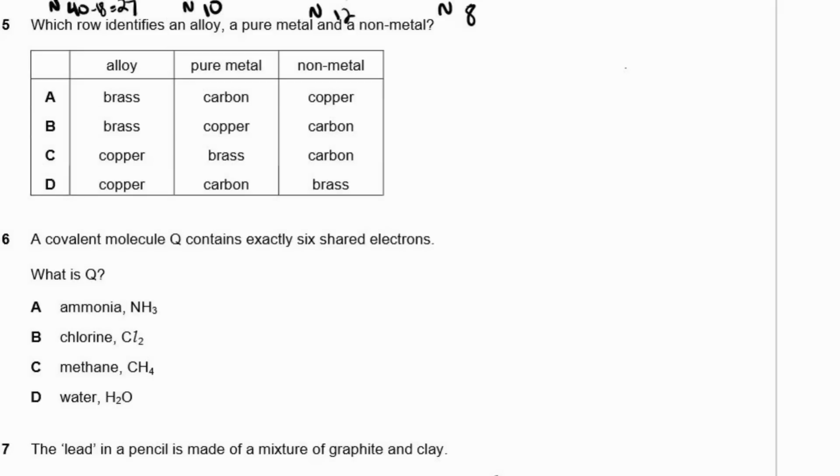Question 5. Which row identifies an alloy, a pure metal, and a non-metal? An alloy, is that brass or is it copper? Well, copper is one particular type of metal, and brass is a combination of copper and zinc, so it's an alloy. A pure metal, is carbon a metal or is copper a metal? Copper is a metal, and carbon is a non-metal.